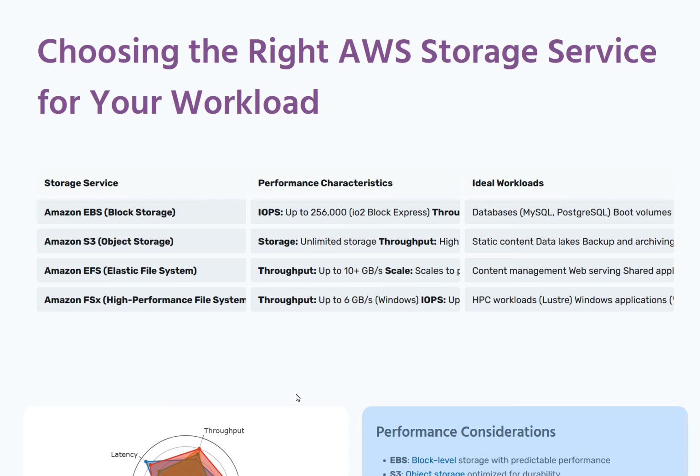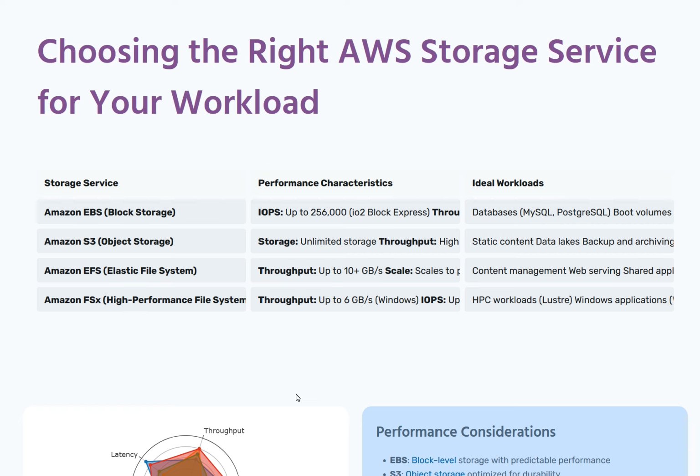For performance characteristics, as we mentioned, you can go to IOPS up to 256,000 in IO2 Block Express, and that is very good for performance type workloads, right? And then S3 is unlimited storage, and that's good for sort of storage type, whatever data you want.